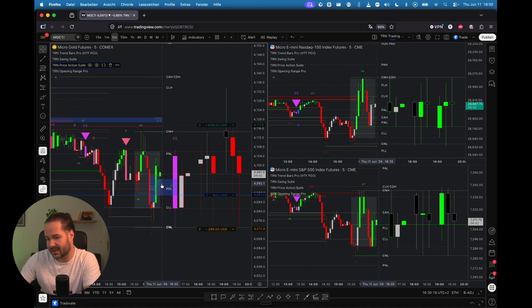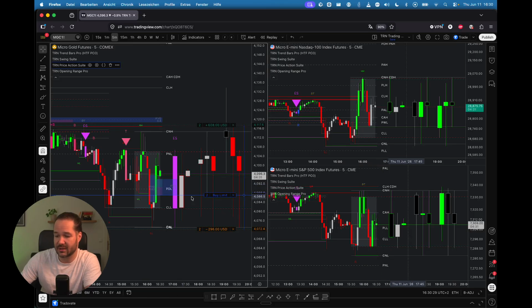This means there's a high chance that the price will come back to grab this liquidity. And this is honestly what gives me a bit of hope for my limit order. That's also the reason why I will not delete it, because my limit order is right at the low of the overlapping fair value gap.